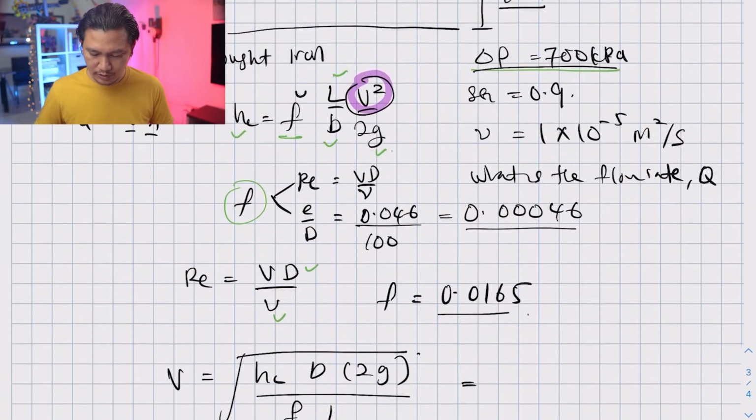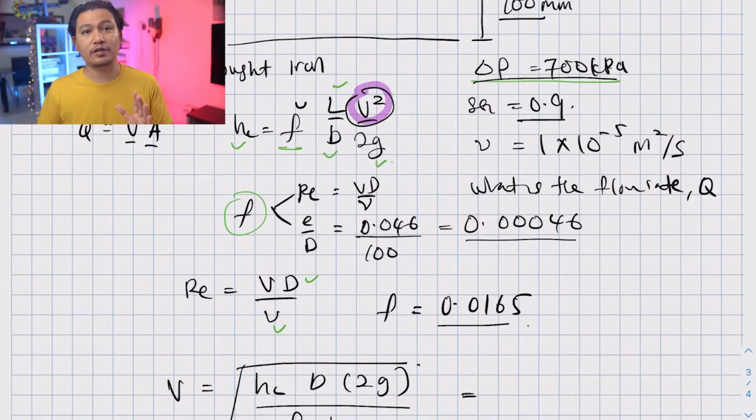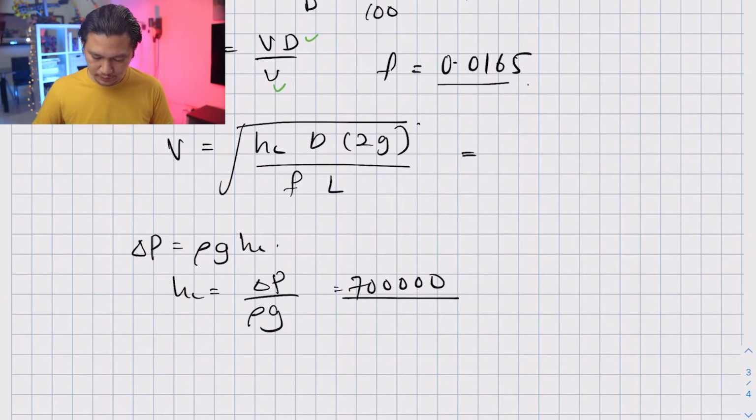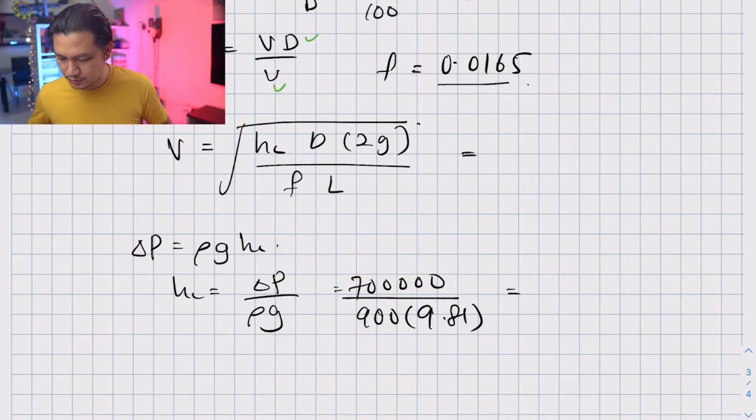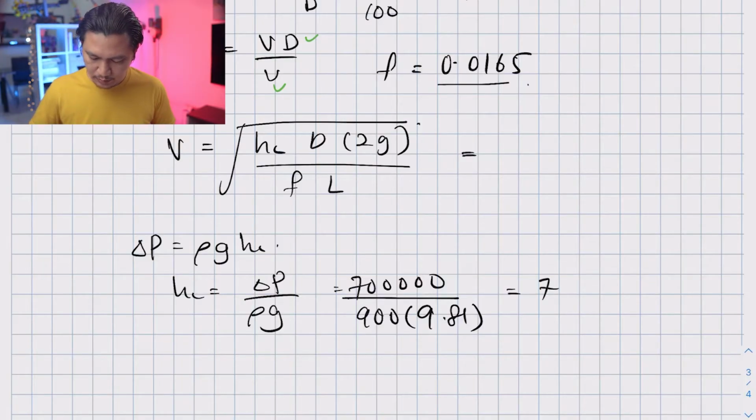But remember, this is oil with specific gravity of 0.9, so our density is 900 times 9.81. So what is our HL? This is 700,000 divided by 900 divided by 9.81. That will be 79.28 meter.